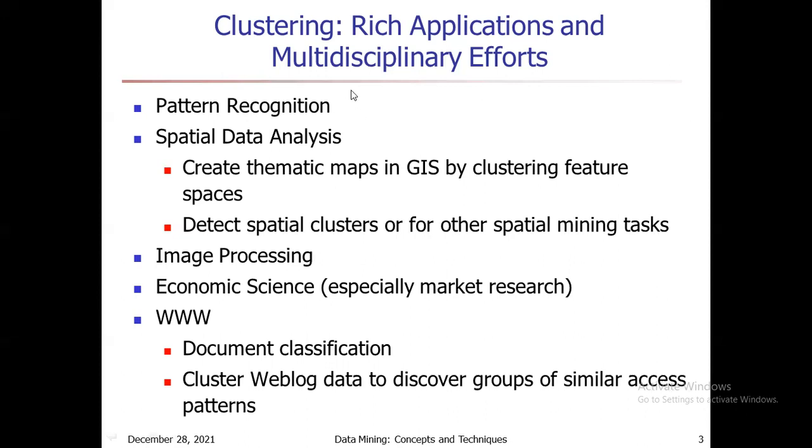Then image processing, where we have huge applications regarding images, and there also we use clustering. Then economic science, especially in market research: if any scientist or research scholar wants to do research in economic science, there also we use clustering. And the World Wide Web, where we use clustering for document classification and to cluster Weblog data to discover groups of similar access patterns.